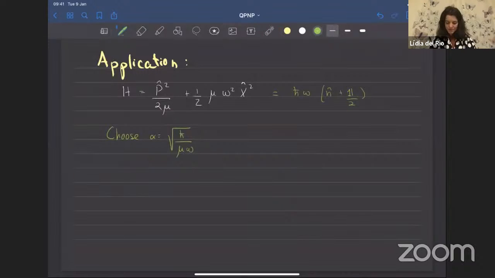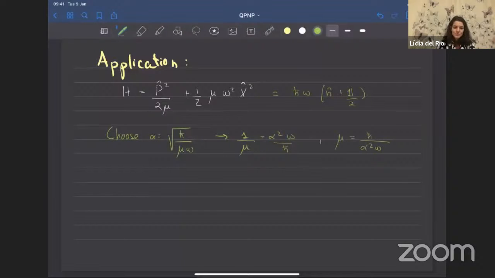And it's just going to be nice to rewrite that 1 over mu is then alpha squared omega over h bar. Just trust me, it's good to be able to look here later. So we just write it like this.